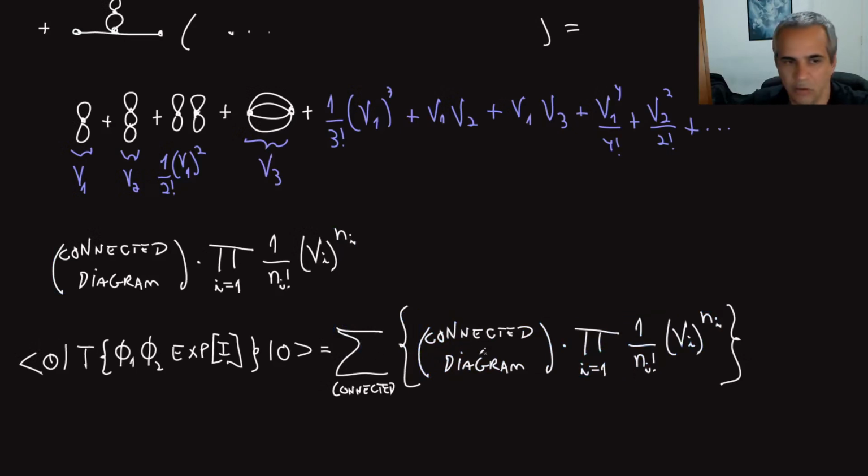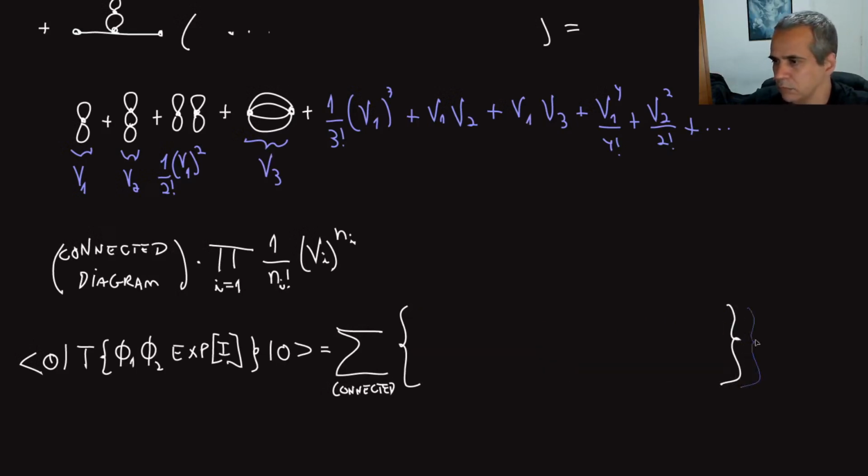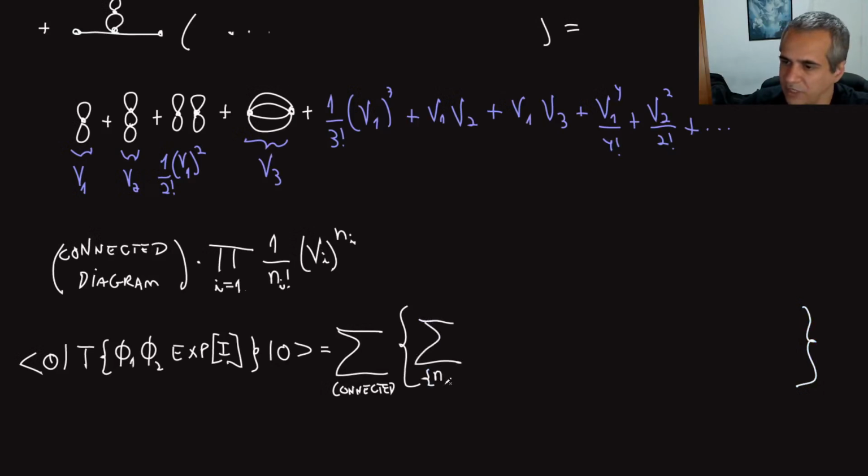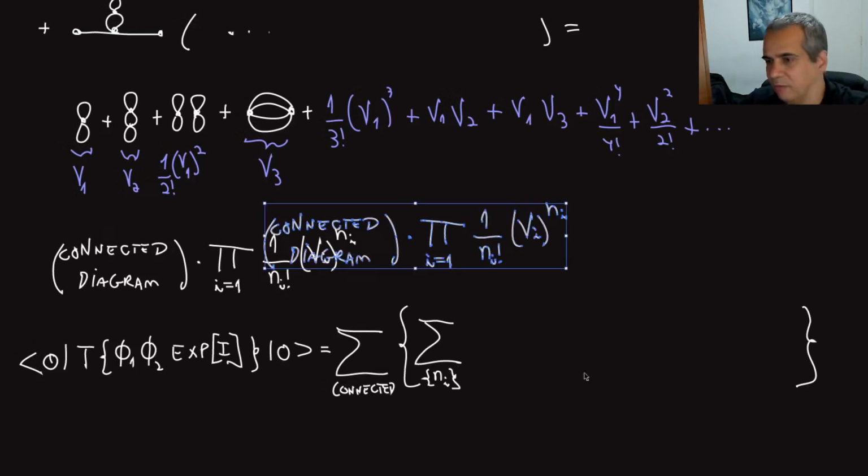So now if I sum over all connected diagrams, and for each of the connected diagrams, I sum over all possibilities for this vector ni, right? So all combinations of bubbles that I could multiply by that connected diagram, right?